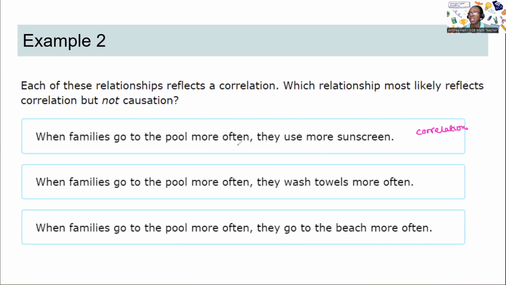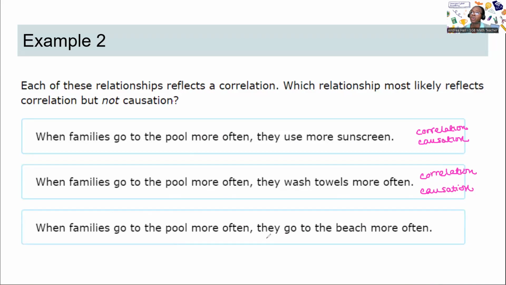And you're going to be out in the sun. So there's probably a causation here too. When families go to the pool more often, they wash towels more often. Well, there's definitely a correlation. And yeah, you go to the pool, so you're going to be using a lot of towels. So there is a causation there.